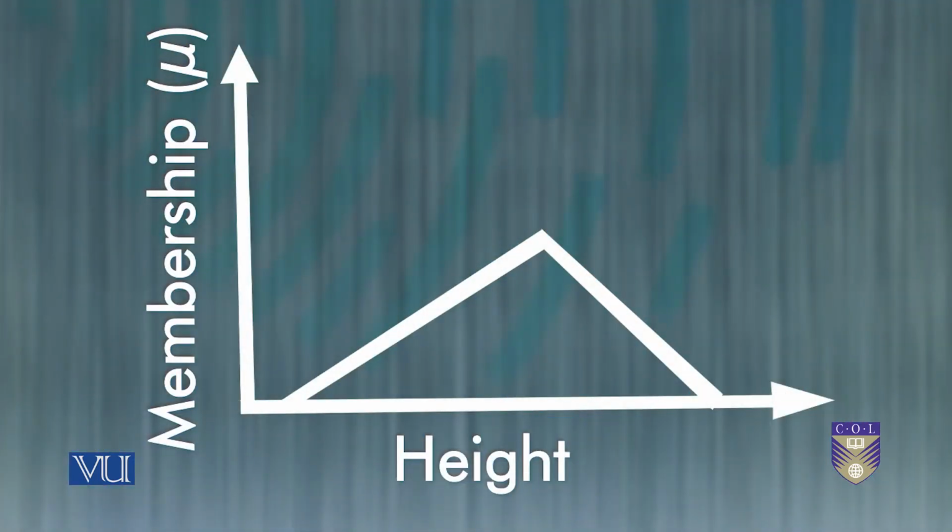Average height is typically represented with a triangle, whether that might be short people, taller people, whatever. Fewer men are exceptionally tall or exceptionally short. And that explains the slopes around the boundaries of the triangular distribution.